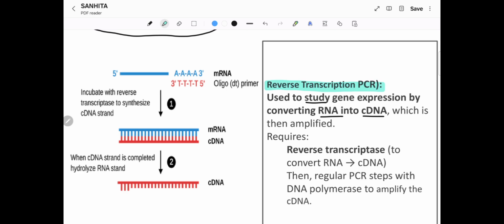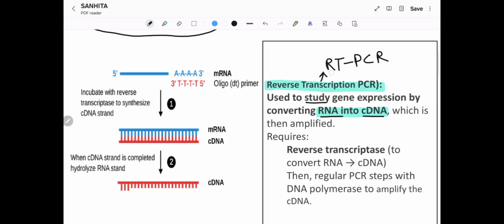Normal PCR means to amplify DNA, but RT-PCR means to amplify the cDNA from the RNA. Okay, that is the difference, and this is regarded as RT-PCR.